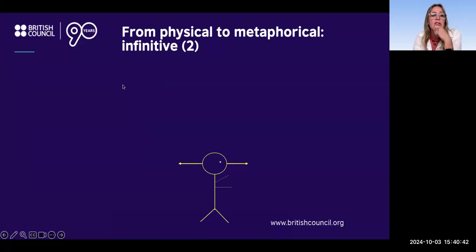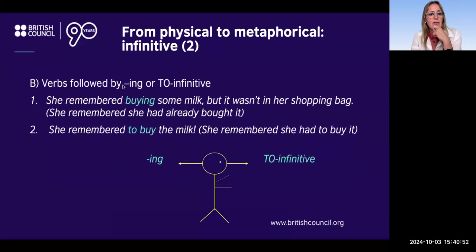One more function is when we want to explain verbs that are followed either by -ing or by an infinitive. For example, when remember is followed by -ing, it refers to something that has already happened. So she remembered buying some milk, meaning she had already bought it.